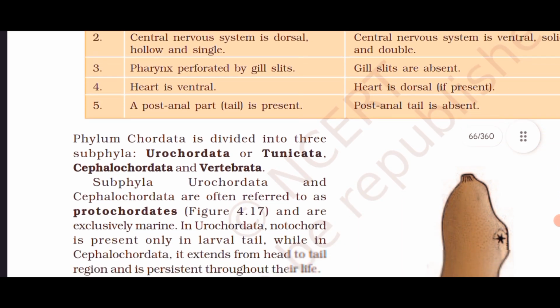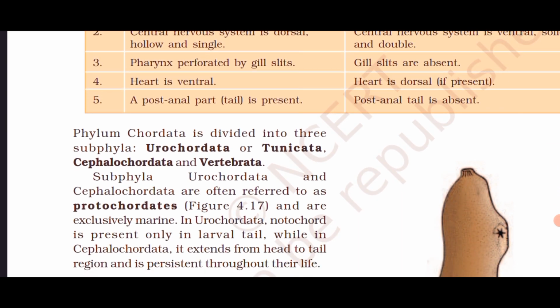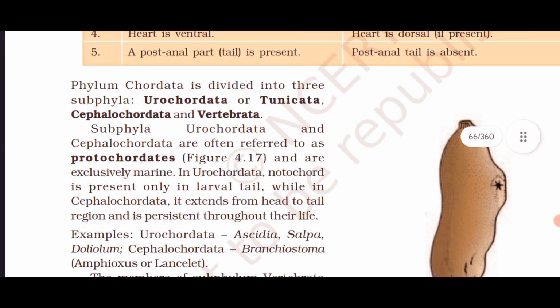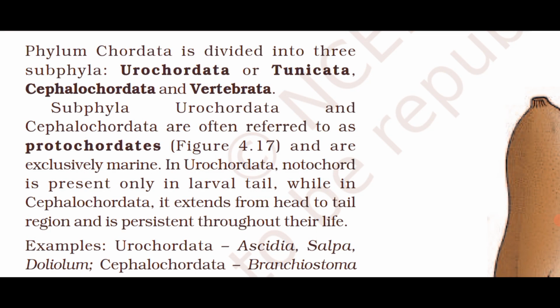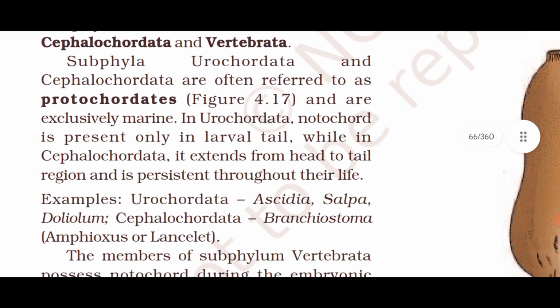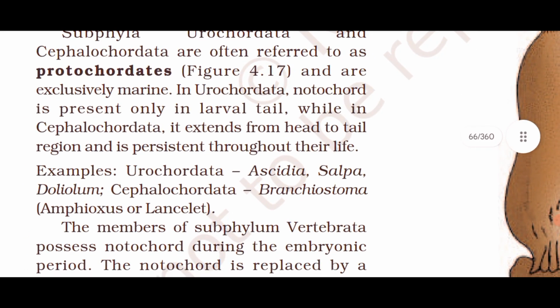Phylum Chordata is divided into three subphyla: Urochordata or Tunicata, Cephalochordata and Vertebrata. Subphyla Urochordata and Cephalochordata are often referred to as protochordates and are exclusively marine.